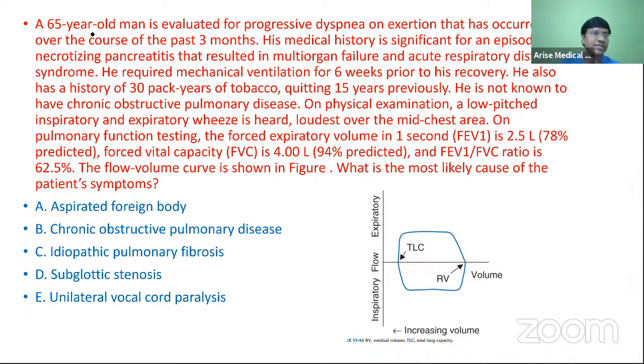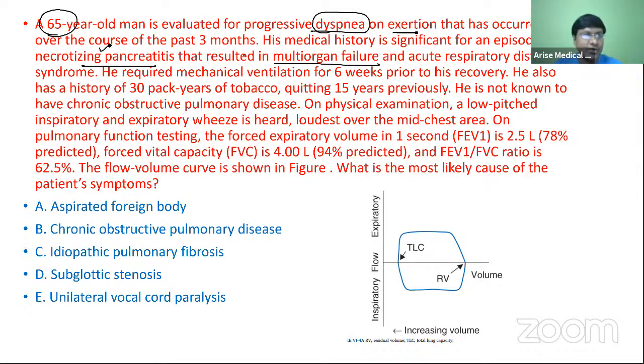You see now, we have a 65-year-old man evaluated for progressive dyspnea on exertion. His medical history is significant for an episode of necrotizing pancreatitis that resulted in multi-organ failure.